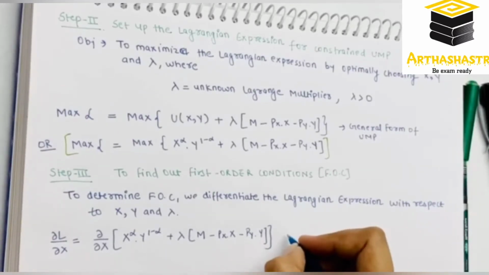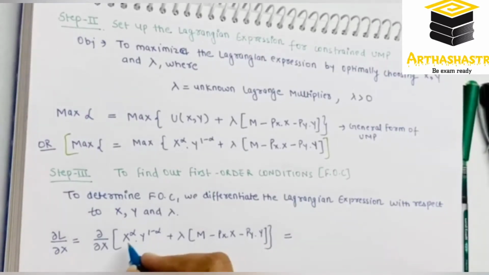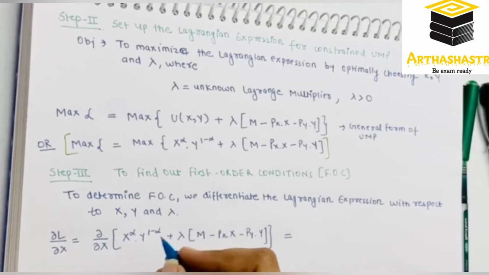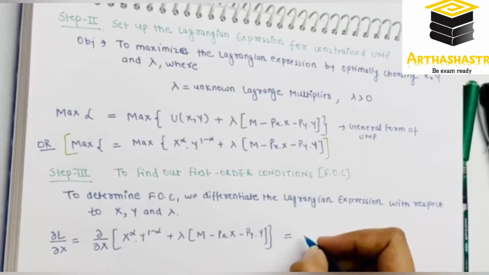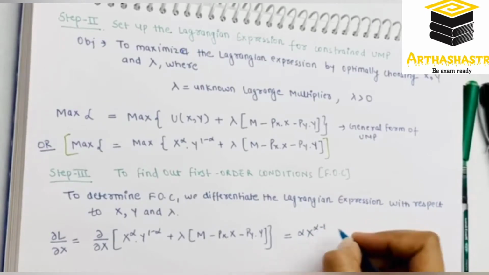So let's start differentiating. See, whenever we differentiate a function x raised to the power m, the derivative is m x raised to the power m minus 1. So following the same rule, we get alpha times x to the power alpha minus 1.